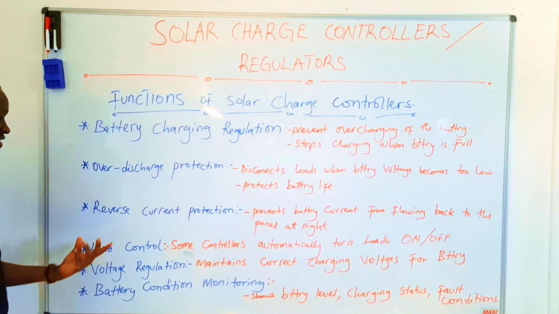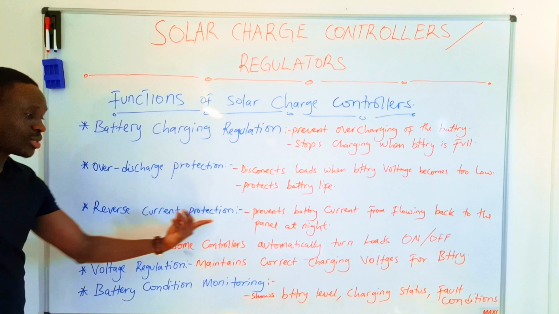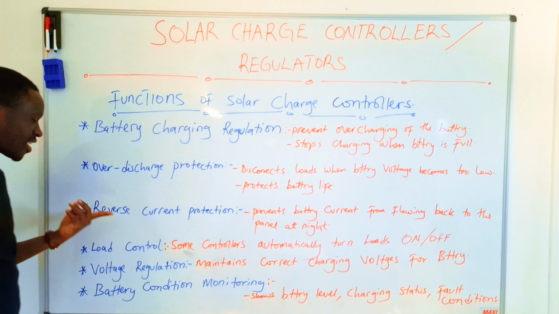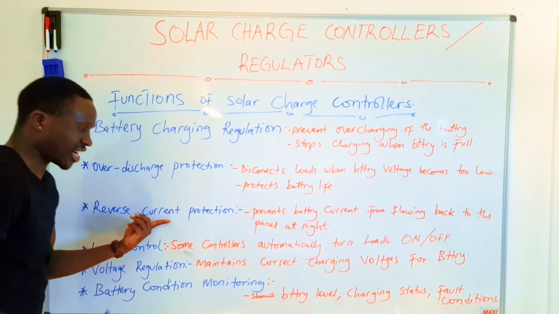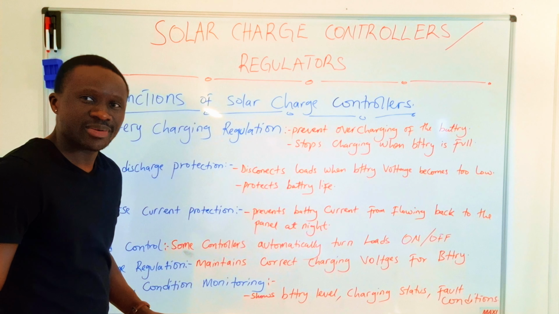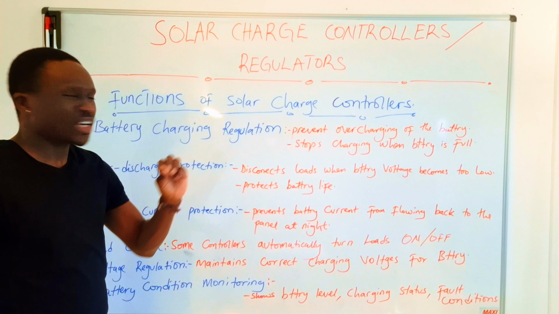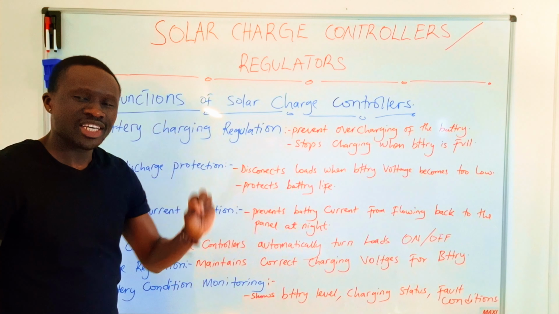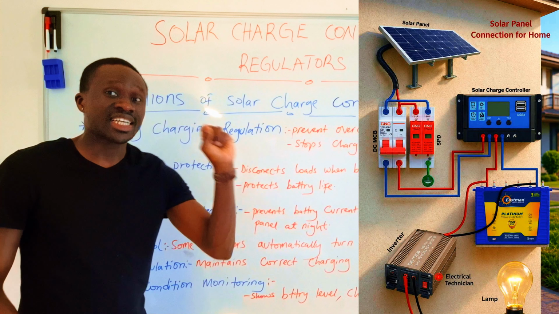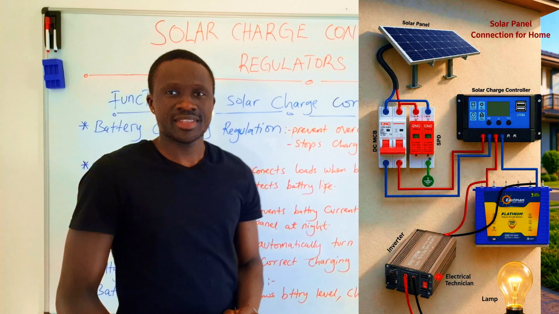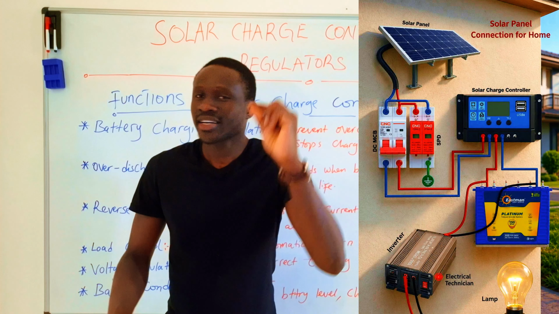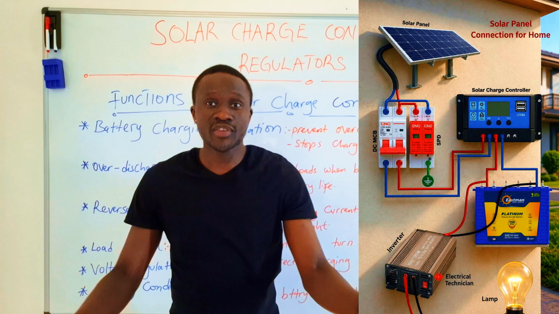The next function is reverse current protection. Listen well, reverse current protection. What does this mean? This regulator, another function of it in our system, is that it protects against reverse current, which is the current which flows from the battery.